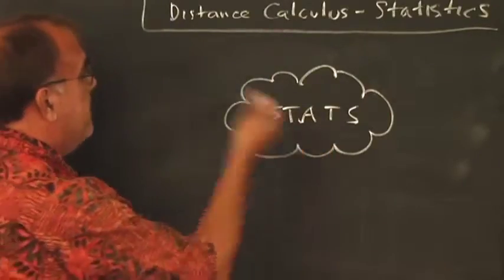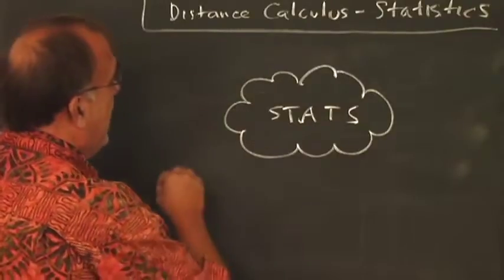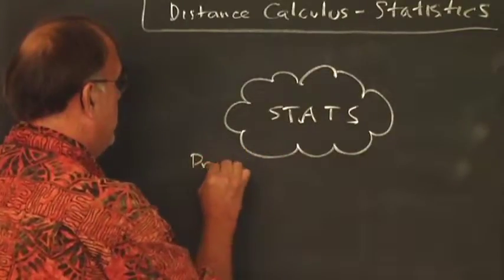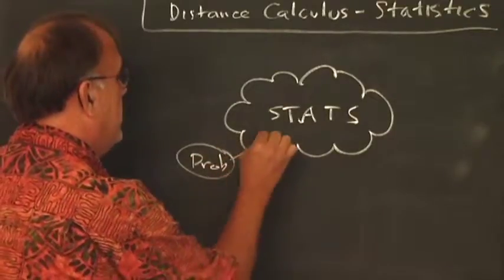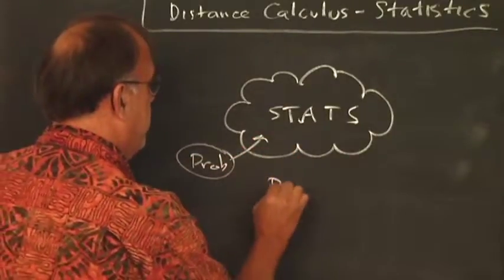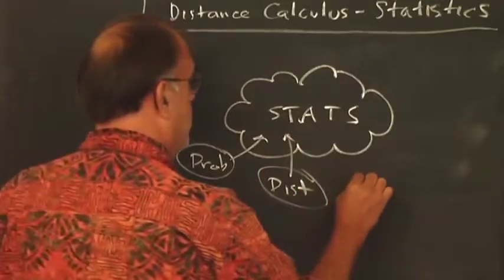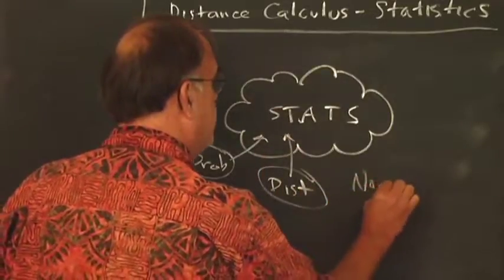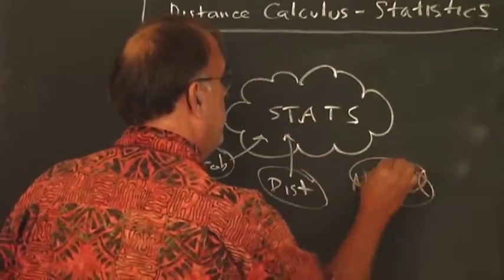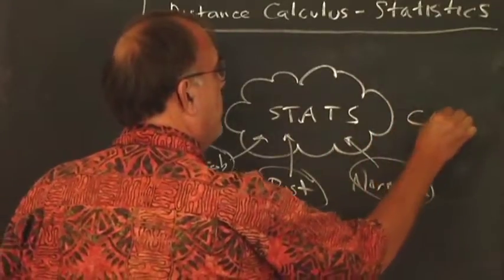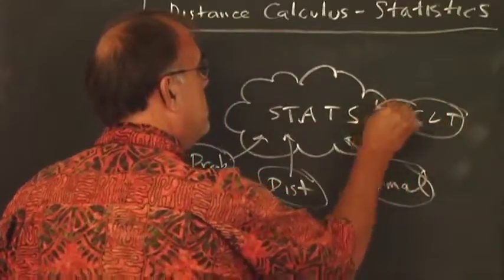It started off very nice, and basically you would learn stuff about probability, about distributions, about normal distributions, and then you would end up with what's called the Central Limit Theorem.